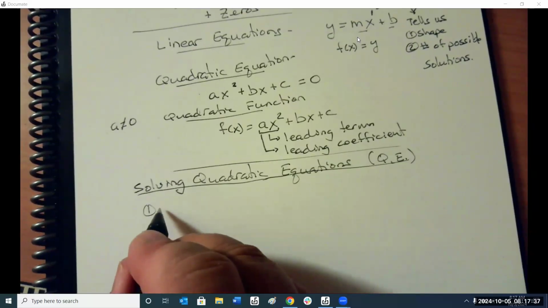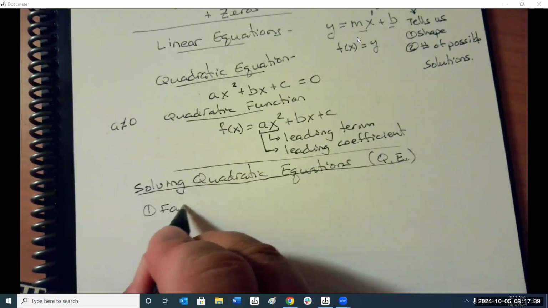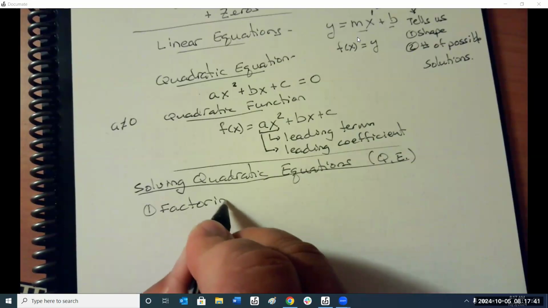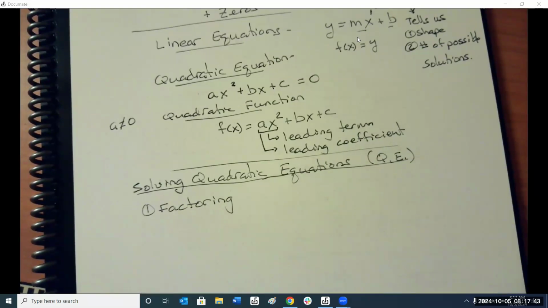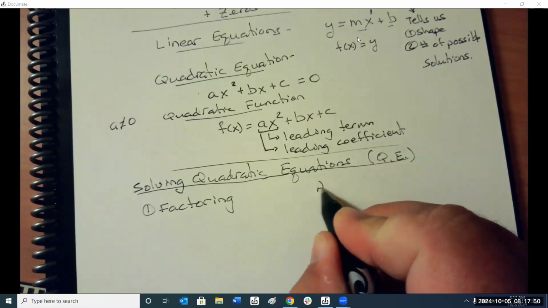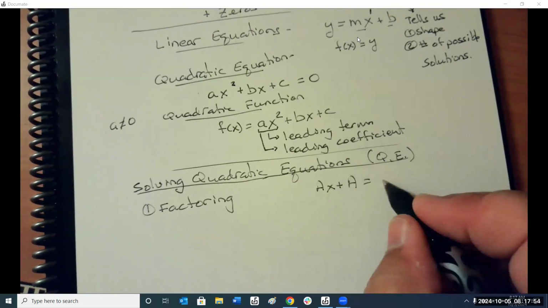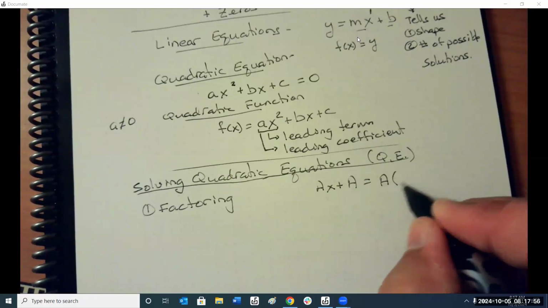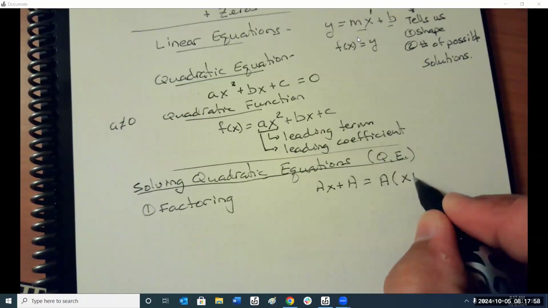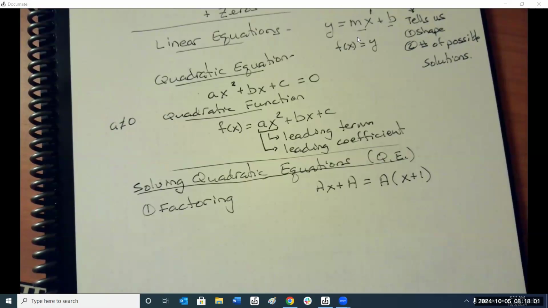One method is factoring. What factoring does is take an equation like ax plus a and break it down to its smallest pieces. That's factoring.